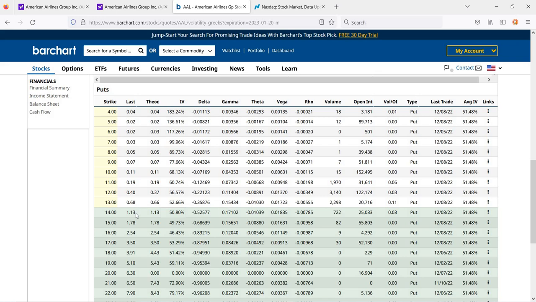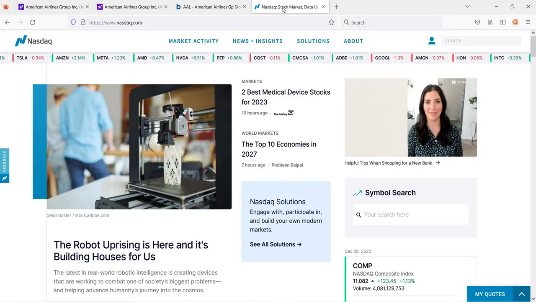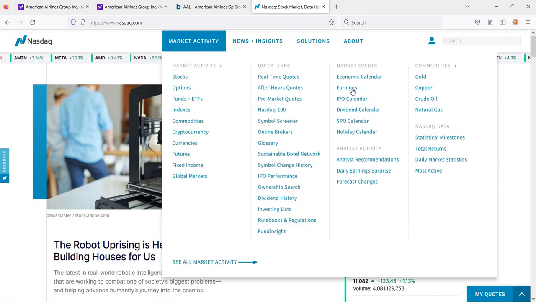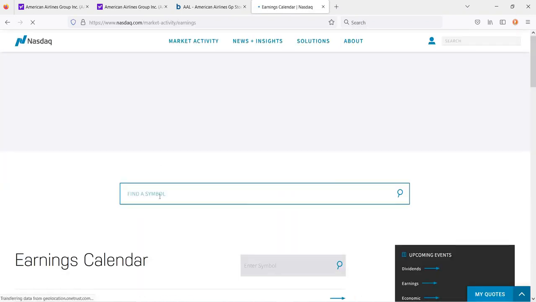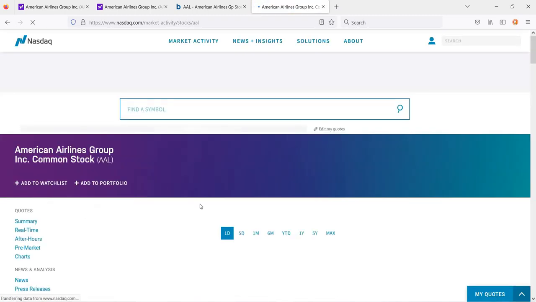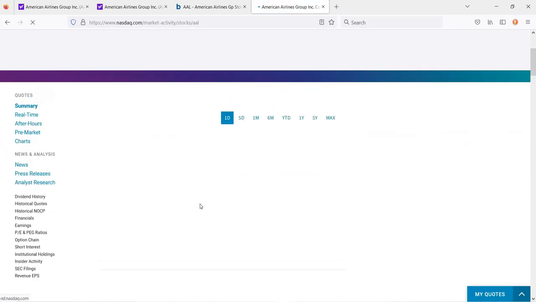Now the last information that is very critical to keep in mind and to check is the earnings, because the next earnings season is about to kick off. So let's take a look at the earnings for AAL on the Nasdaq website, which is once again free of charge.